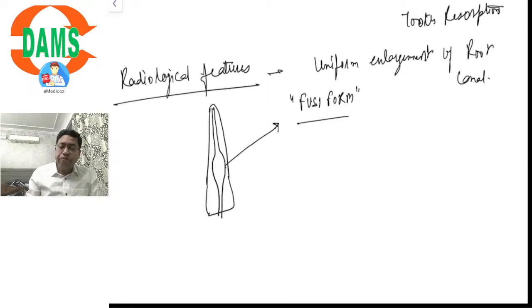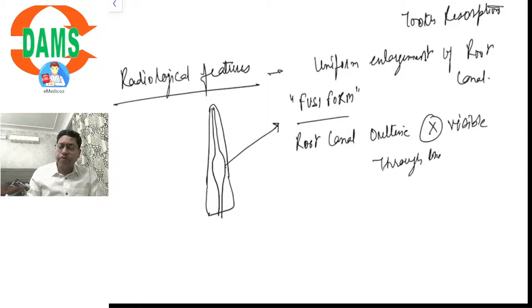An important distinguishing feature from external cervical resorption is that the root canal outline is not visible through the defect. This is one important feature which helps in distinguishing external cervical resorption from internal resorption.